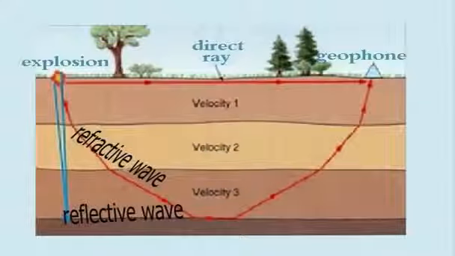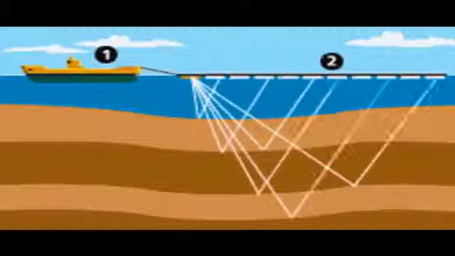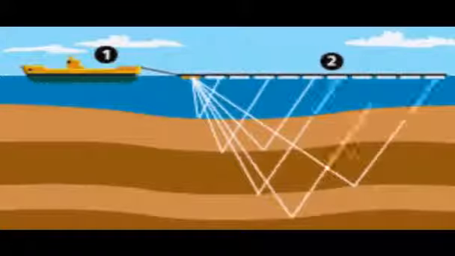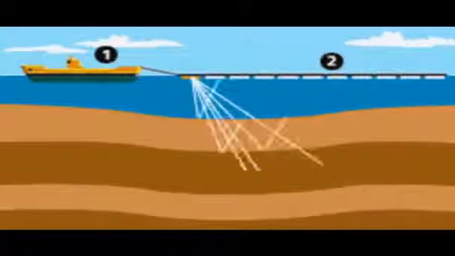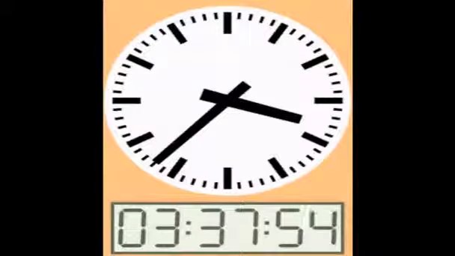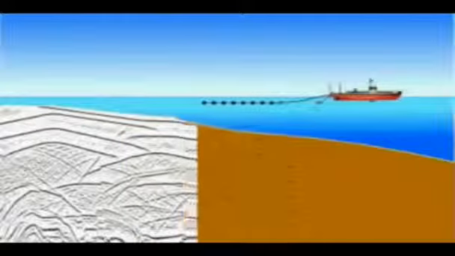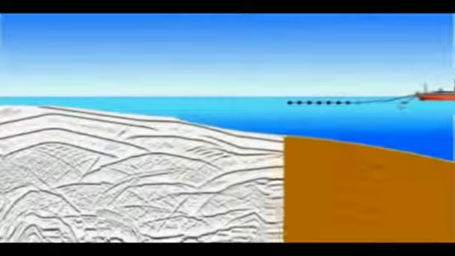The ray of interest is the wave that takes the shortest, most direct path. Using my geophone or hydrophone, I record the reflected wave as it returns to the surface. By closely timing the reflected ray's TWTT, I can calculate the exact amount of time the wave's journey takes.